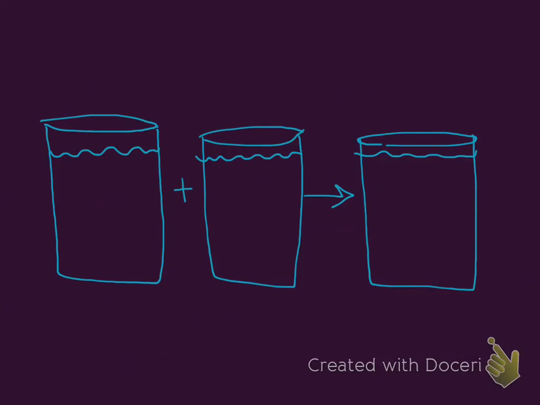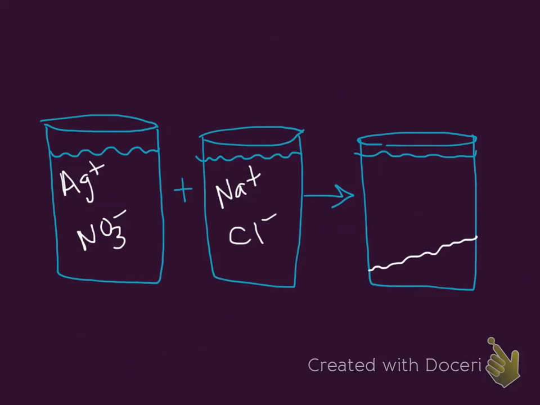So if we remember here, we've got the Ag+ and the NO3-. Here we have the Na+ Cl-. Now when we mix these two together, I'm going to draw it at the bottom. You're going to have the solid once it settles down.